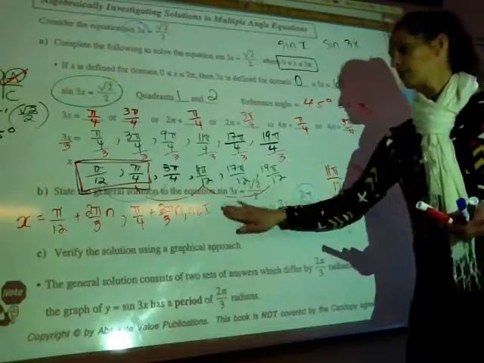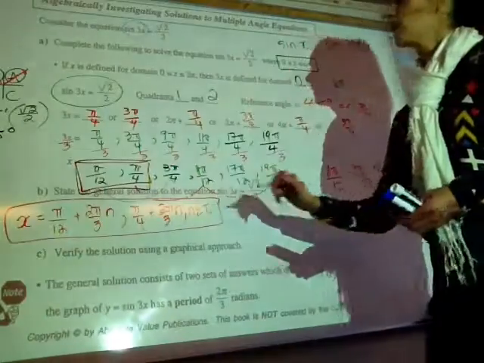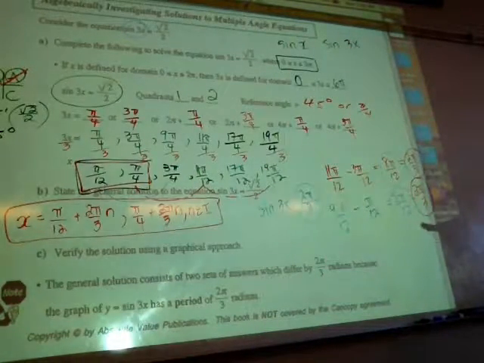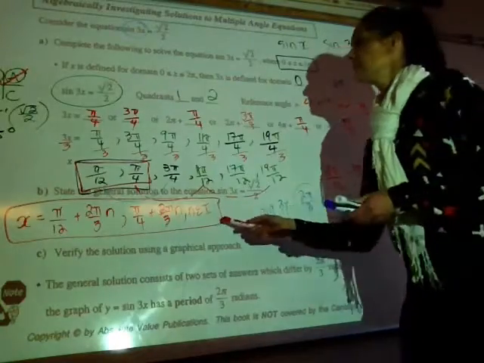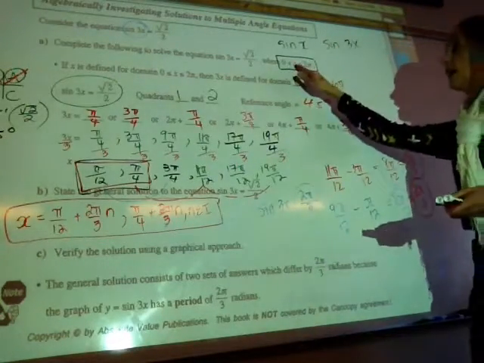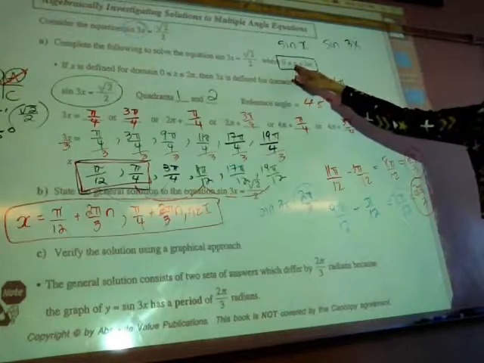Why don't you use the solutions we found for 3x? Say that again, sorry? Why don't you use the solutions that we found for 3x? Okay, good question. If we go back to the domain, it says where x is between 0 and 2 pi. So it wants the solutions for x.